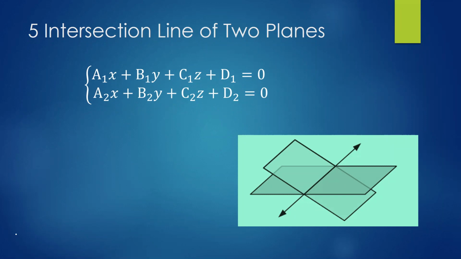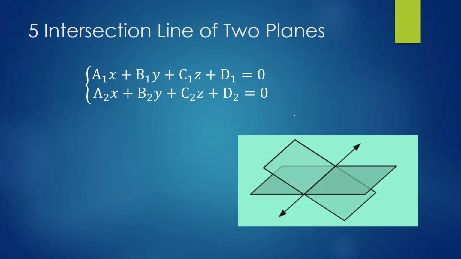And the second plane, A2x plus B2y plus C2z plus D2 equals 0. So two planes, if they intersect, then the line of intersection is, of course, clearly defined. If the two planes are defined, all constants are known, then this line of intersection is also defined.